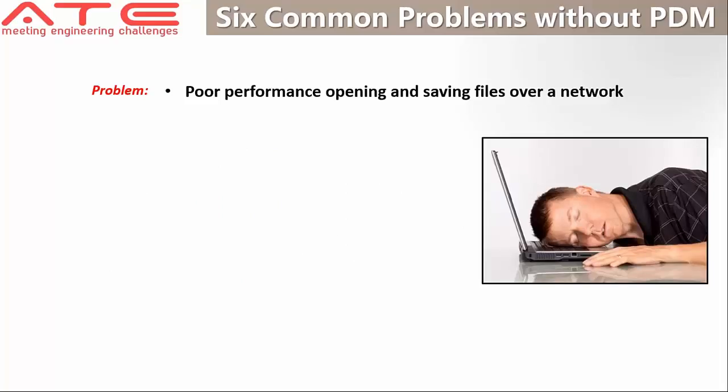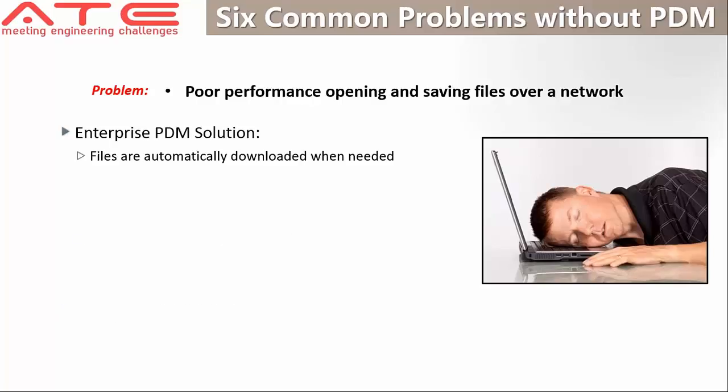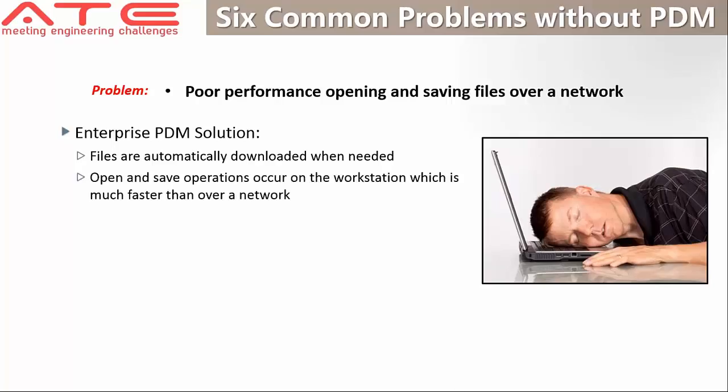And next is poor performance working over network, like opening and saving files. So files are automatically downloaded when needed, like when you check out the file from the server, it is automatically done. All the referenced files are downloaded to your local machine, and opening and saving operations occur on the workstation, which is much faster than the network.